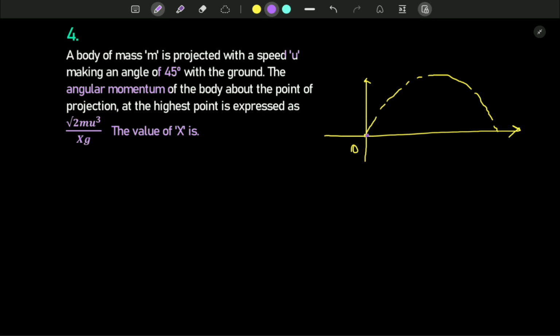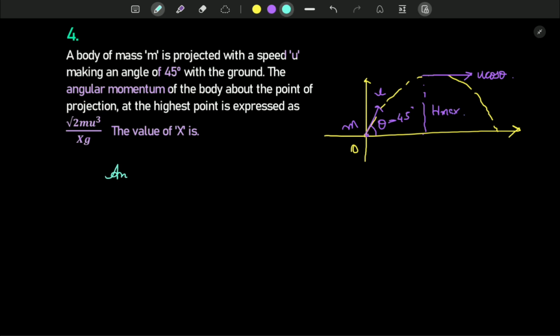And the mass here is m, this is projected with a speed u, and in the topmost point this will be our velocity. If this is angle theta, theta equals 45 degree given in the question, so this will be u cos theta, and this will be our maximum height h max. And in the question I have to find angular momentum.